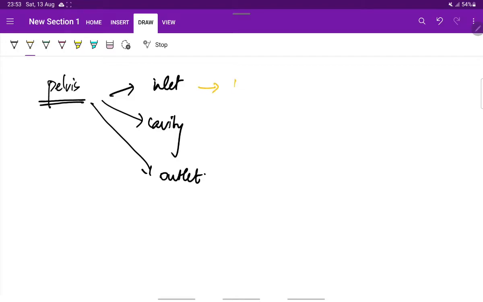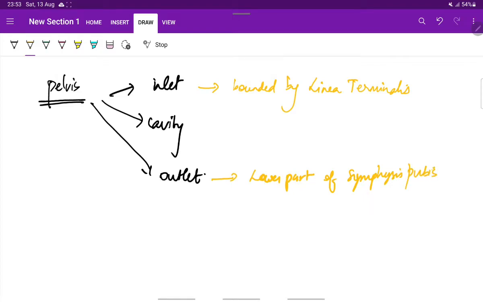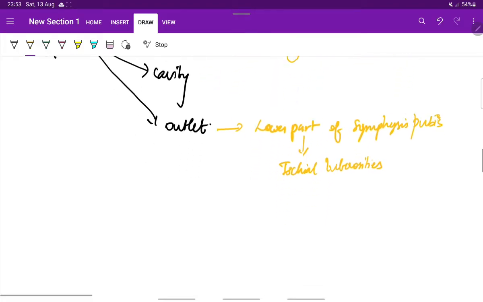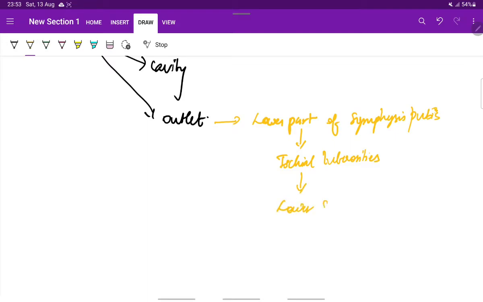The inlet, as you have seen already, is bounded by the linea terminalis, and the outlet is bounded by the line joining the lower end of the symphysis pubis to the ischial tuberosities and extending backwards to the lower part of the sacrum and the coccyx.